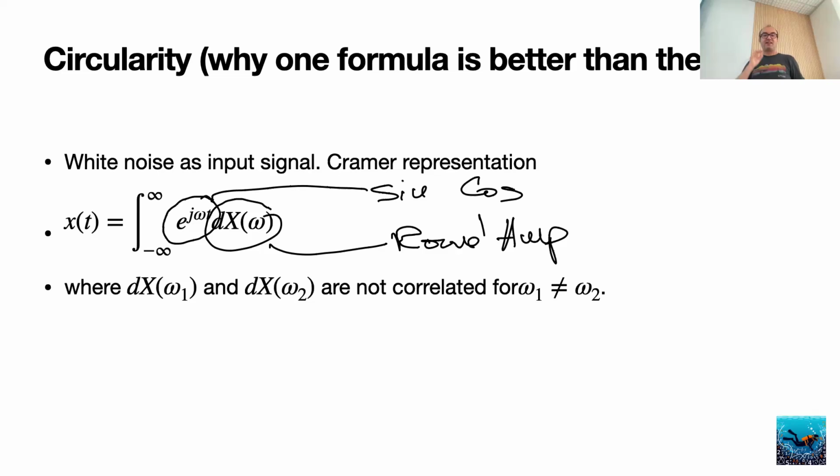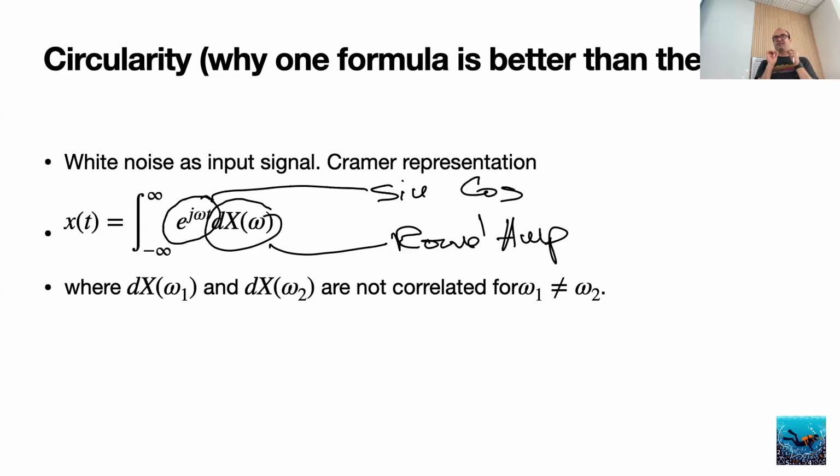We are saying that a stochastic signal is a cacophony of sine and cosine signals, each with different amplitude, as if we have an infinite number of instruments in an orchestra and everybody is playing differently. What we are hearing is noise, and this is a mathematical definition, called the Cramér representation.